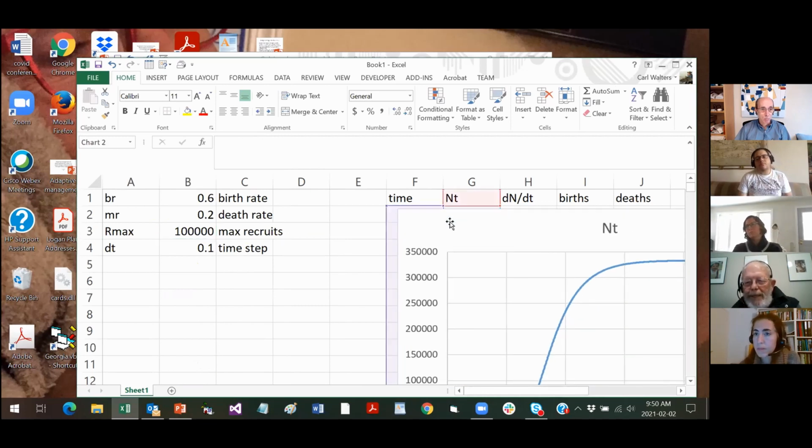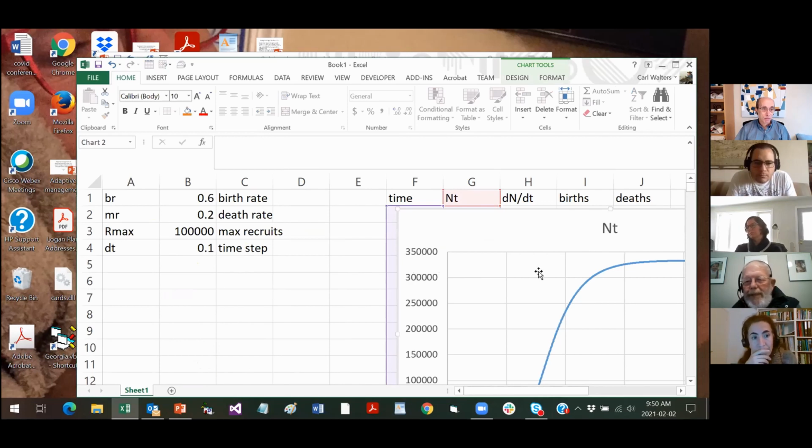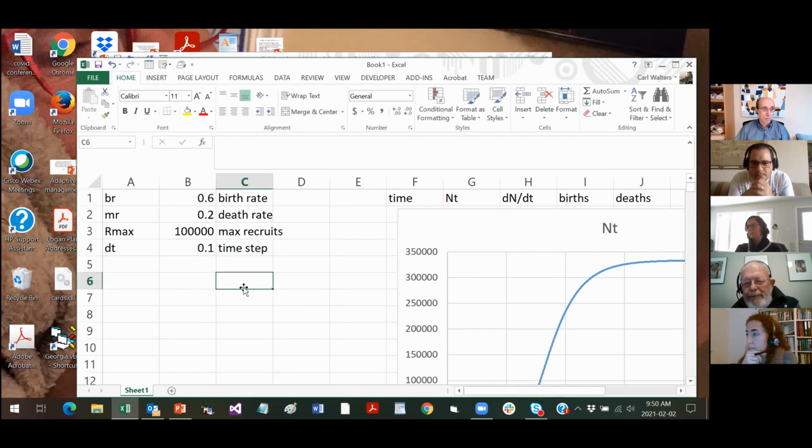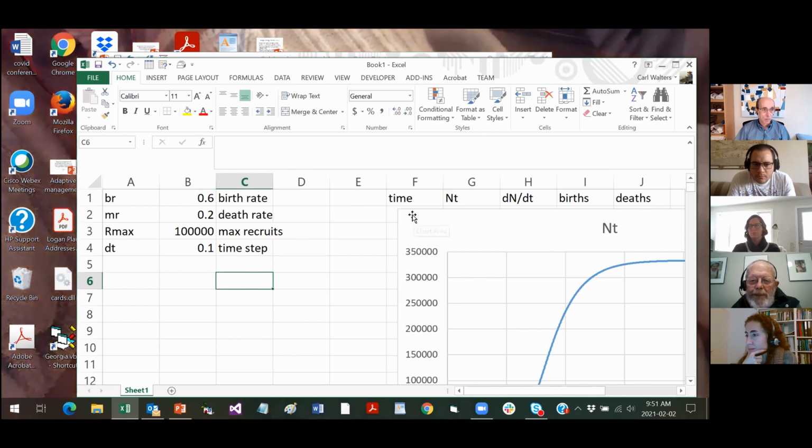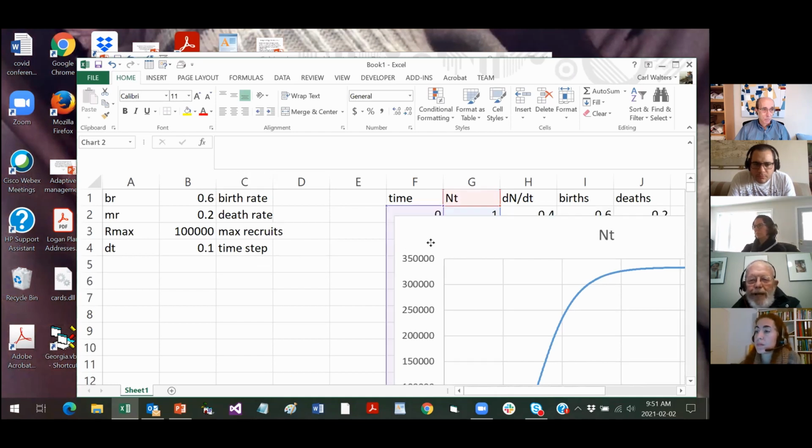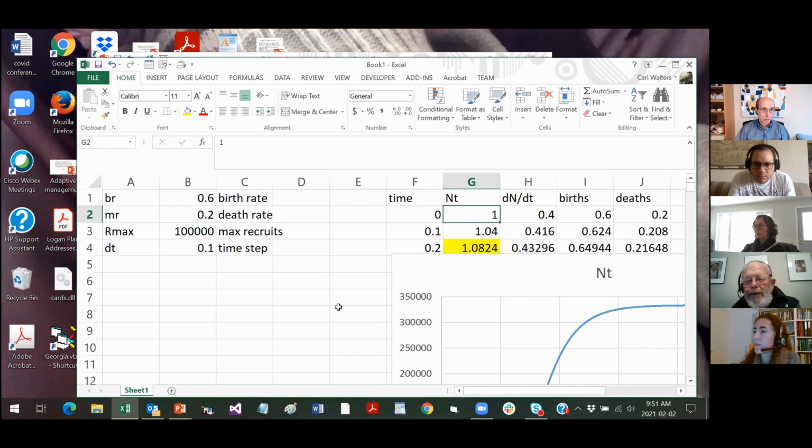So the population size gets up to 350 million, or 350,000, before it stops growing. Fair enough. Maybe something would eventually limit it. But suppose you have data that tell you that your population never gets anywhere near that size, that it maybe starts out at one animal but never gets more than maybe 50 or 100 in maximum size.